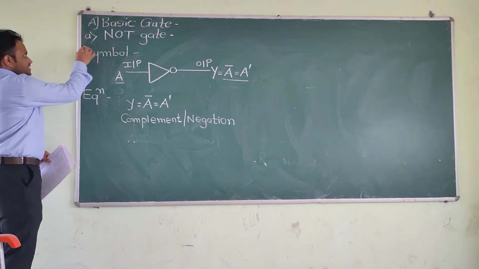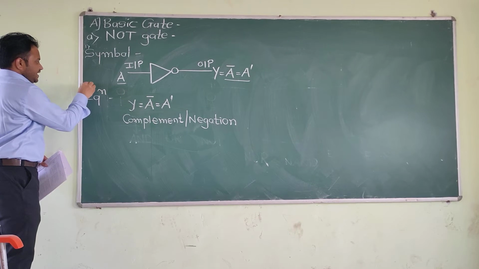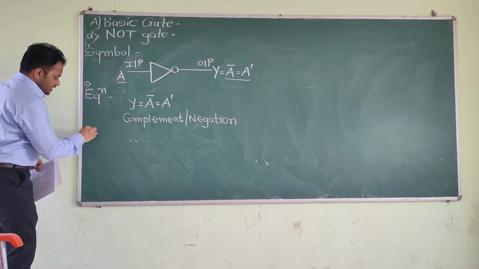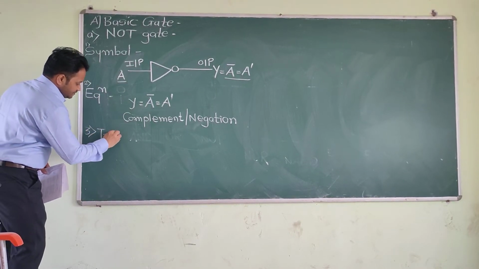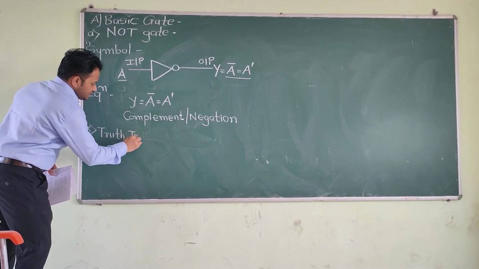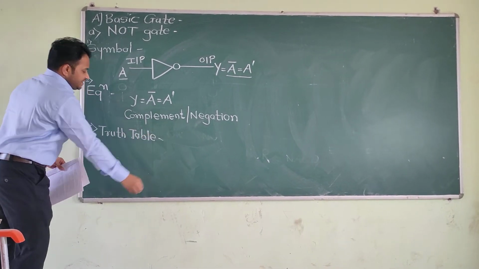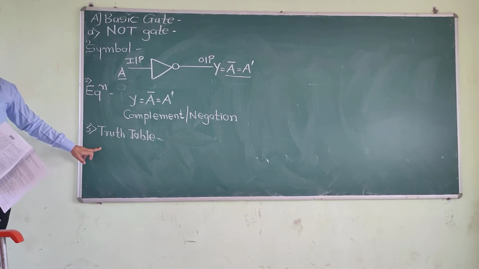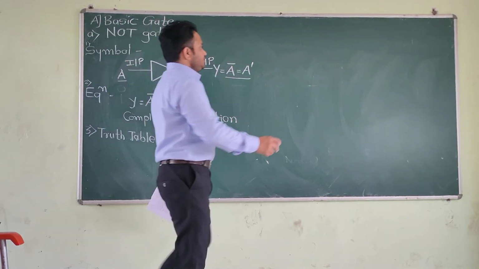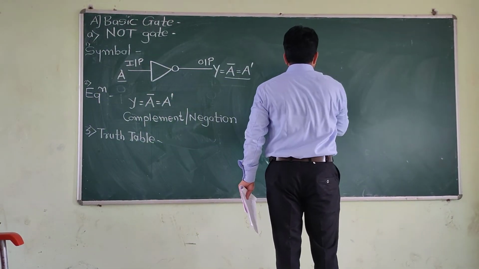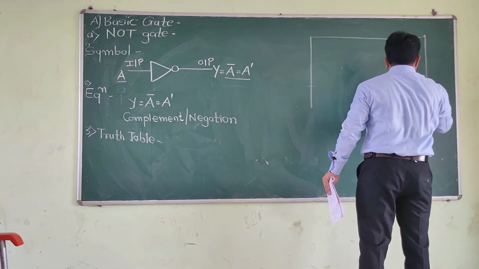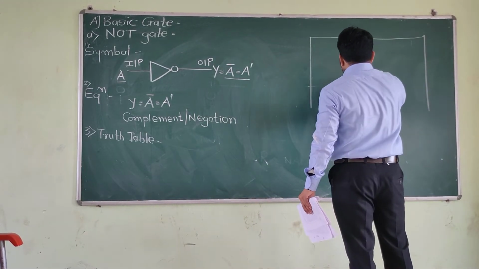Now this is first, this is second, and the third one is the truth table. So first of all, understand what is meant by a truth table. A truth table is nothing but a table which consists of rows and columns.